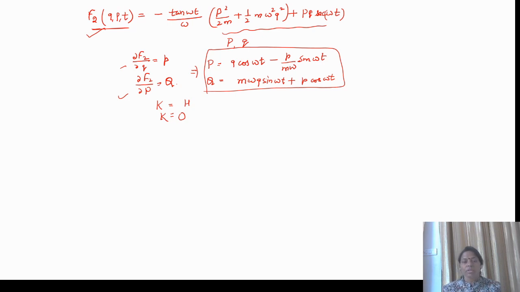Now what do we do in that theory? First of all, we assume that there is a generating function. Let S be a function. We are assuming this function such that S is a function of small q, capital P and t.